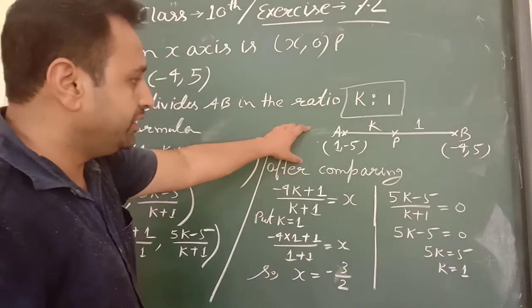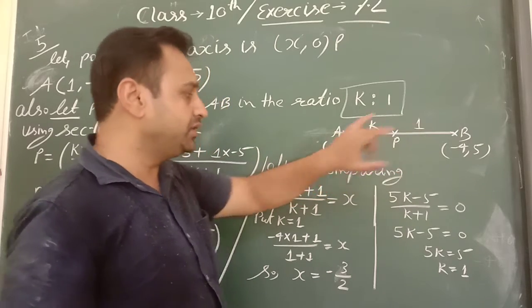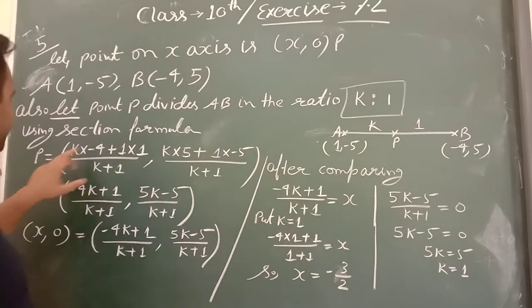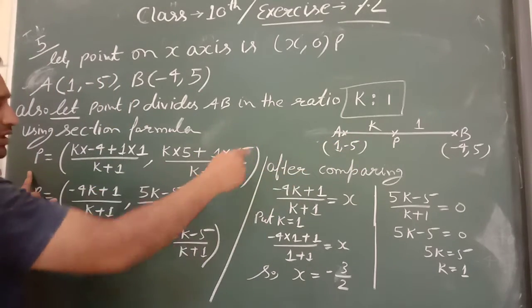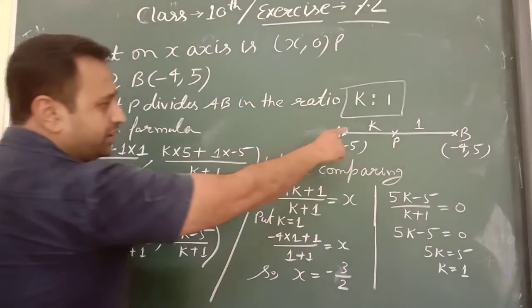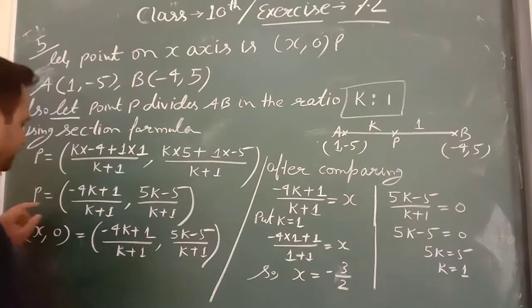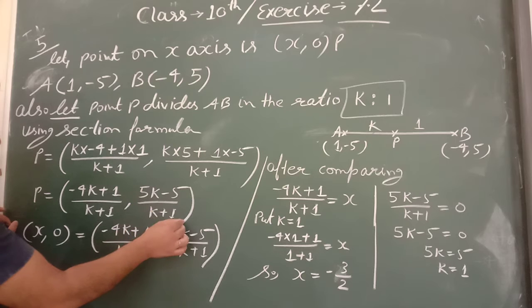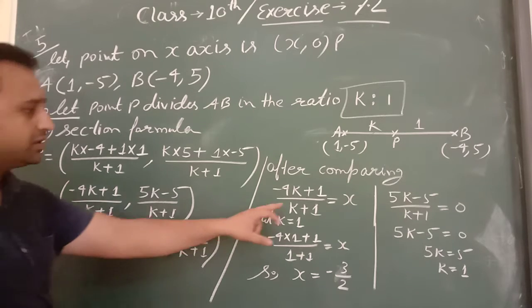Draw a short figure: point A, point B, and point P divides AB in K/1. Using the section formula: (K multiply -4 plus 1 multiply 1) upon K plus 1, comma (K multiply 5 plus 1 multiply -5) upon K plus 1. This is the coordinate of point P, but we suppose point P is (x, 0). Then we compare both sides, abscissa with abscissa, ordinate with ordinate.